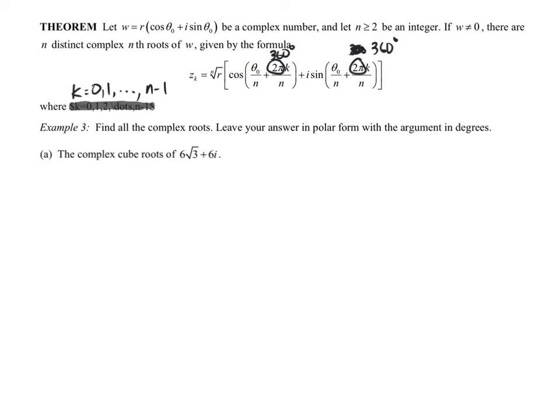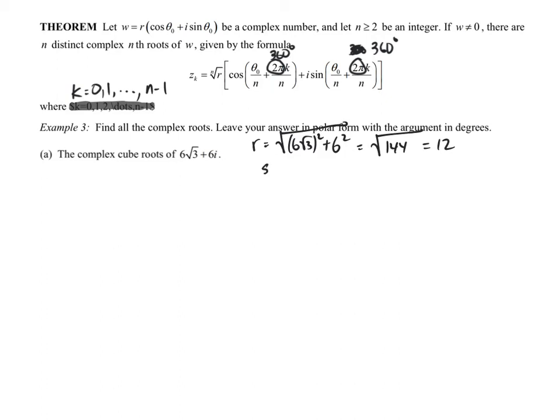I'm going to explain how this formula works. But before we do anything else, we're going to have to convert the number into polar form, which is what we learned how to do last time. Here I know that r is going to equal the square root of a squared, 6 square roots of 3 squared, plus b squared, which is 6 squared. If you calculate that number under the radical, it's 144, and the square root of 144 is 12.